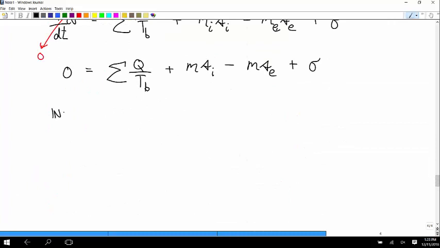So at the inlet, the table says specific entropy at the inlet is 6.9212 kilojoules per kilogram Kelvin.